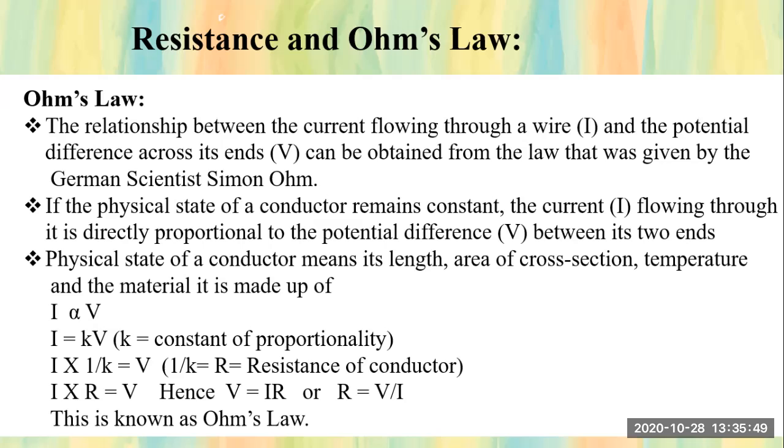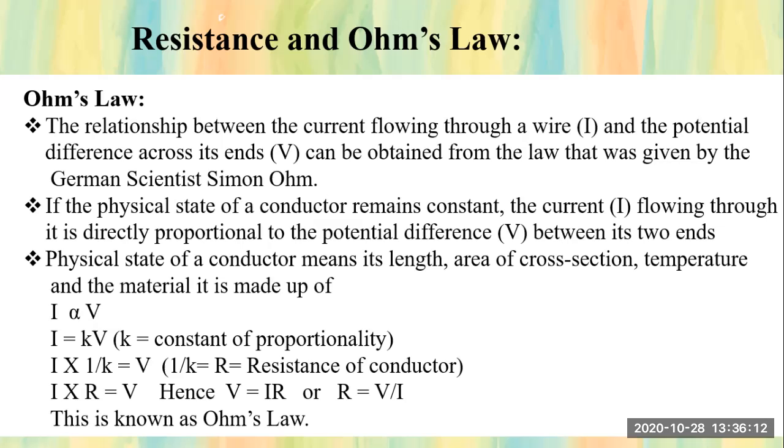Okay, now when we remove this proportionality sign, what do we have to keep there? A constant of proportionality, a constant term. So I equals K into V. So what is K in that? When we remove this proportionality sign, we keep it equal to and a constant term. So K is the constant of proportionality.